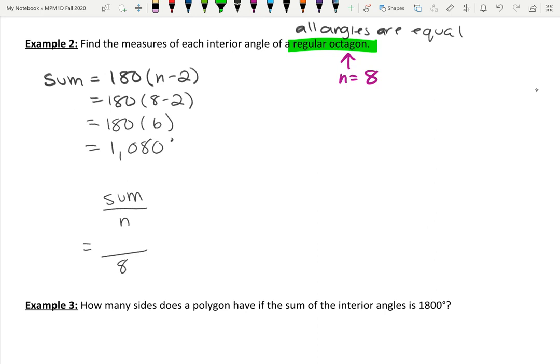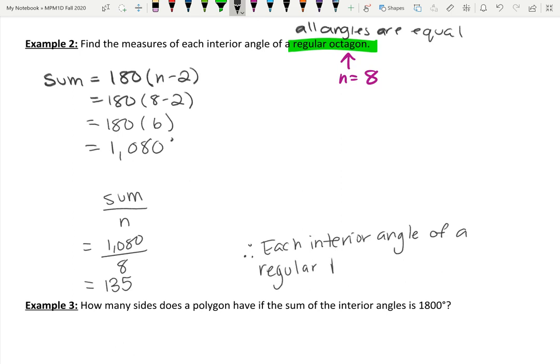And our sum is 1,080. So that's 135. So that means that each interior angle of a regular octagon is 135 degrees.